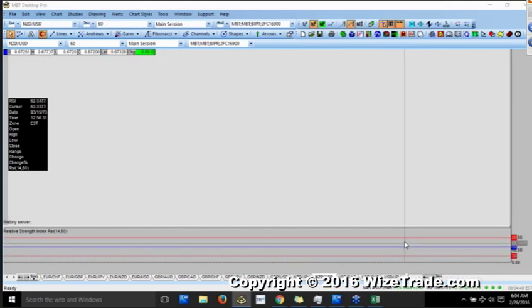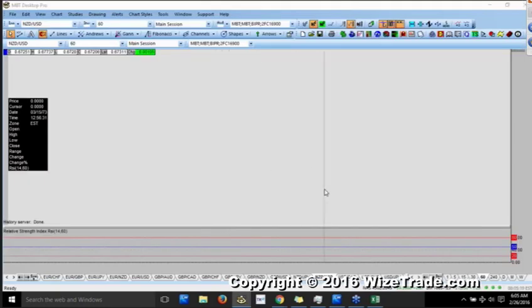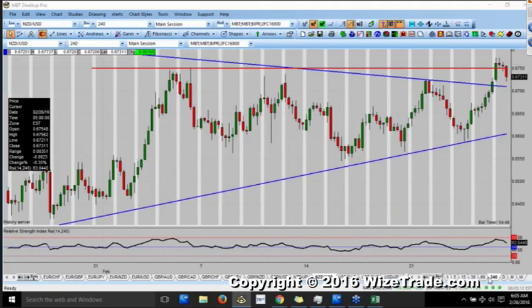All right, so I think what we have to do is mark up exactly that. The high of the day, which is 67.76. That's going to be important resistance today. And where am I hourly?